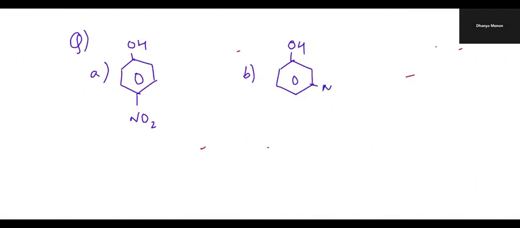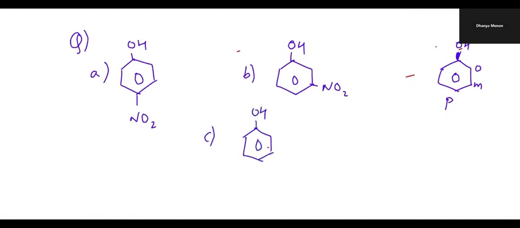We already discussed in the previous video, if I have an OH group, or any group here, this is the ortho, meta, para position. Now the C question is also a phenol with a nitro group at two positions, meta and para position.